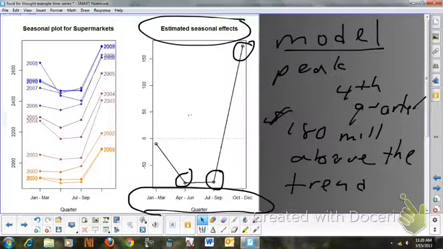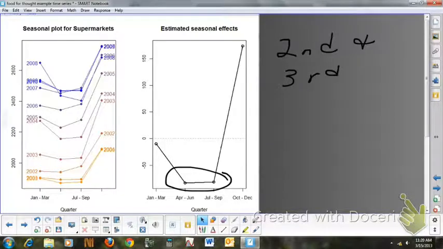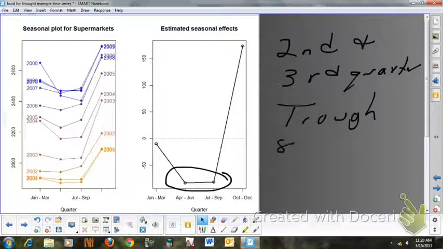And then you have your troughs here, which are about in the same position during the second and third quarters. You can actually name the months if you want. There's a trough, a dip, a drop, and it's about $80 million below the trend.